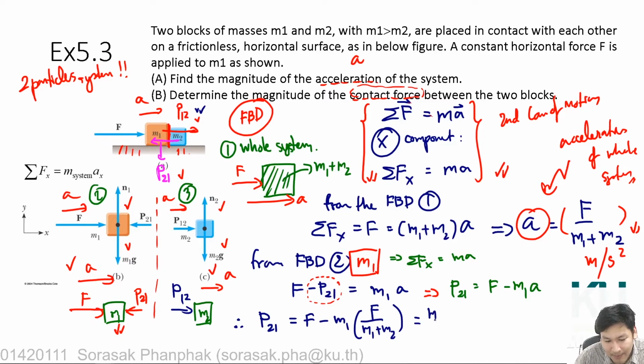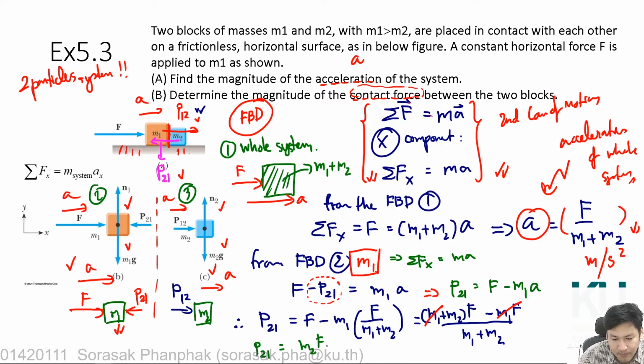This is going to be m1 plus m2 times F, minus m1F, over m1 plus m2, and your m1 here is gone. So your P21, if you don't mind, I will write down here. Your P21 is equal to m2F over m1 plus m2.